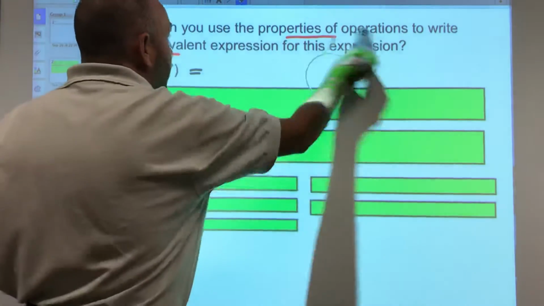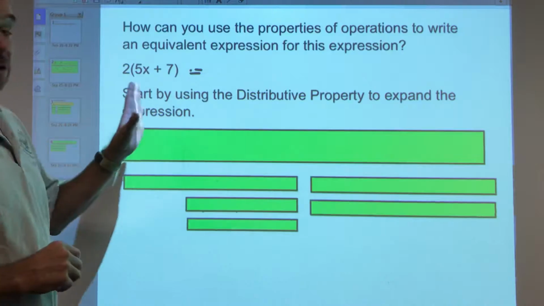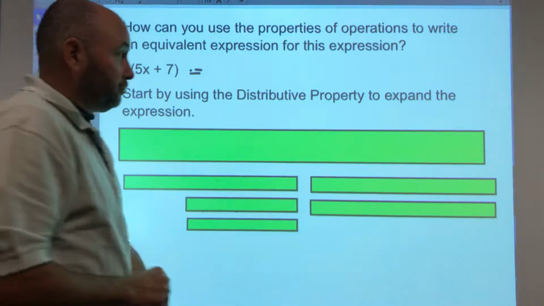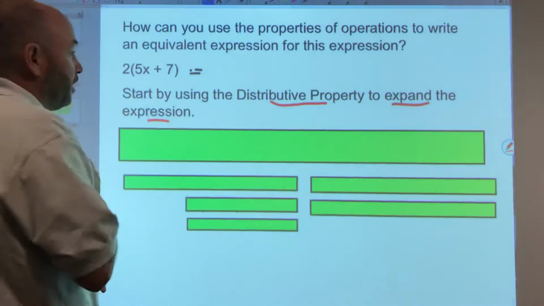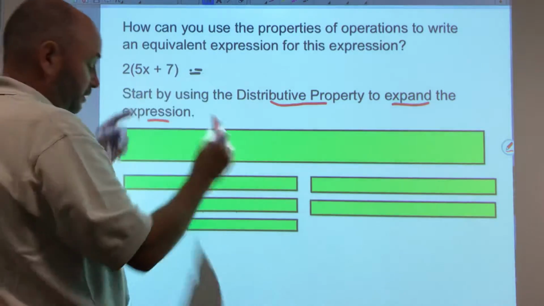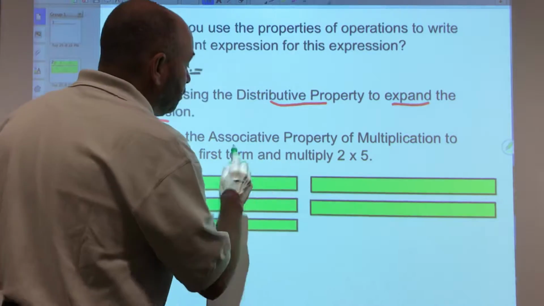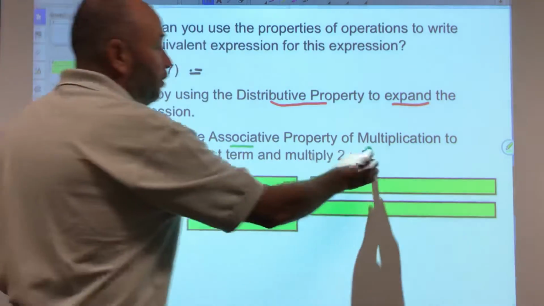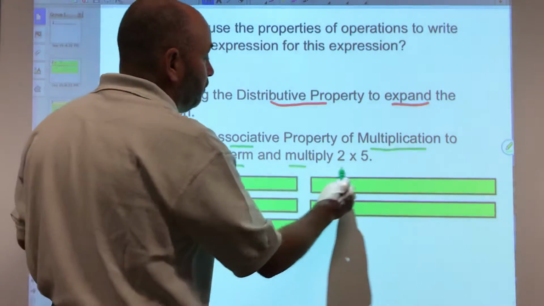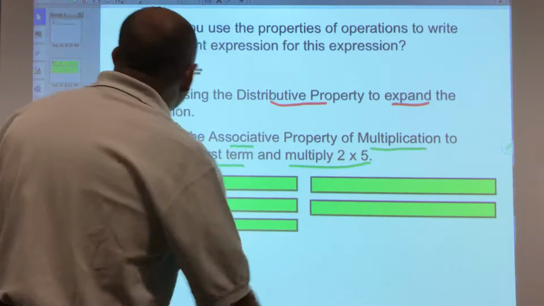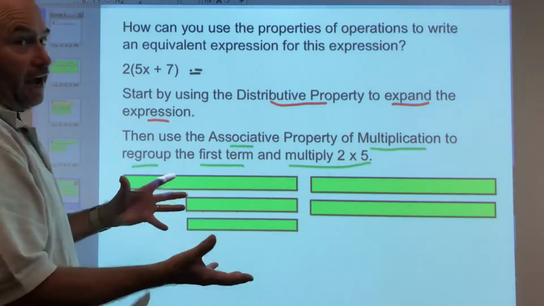And we can do that by using the properties, okay? And we're going to start by using the distributive property to expand the expression. So we're going to expand it using the distributive property. And then we're going to use the associative property of multiplication to regroup the first term and then multiply 2 times 5. So, let's take a look at how this would really shake out.